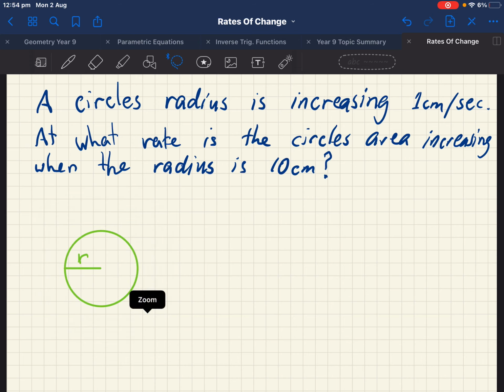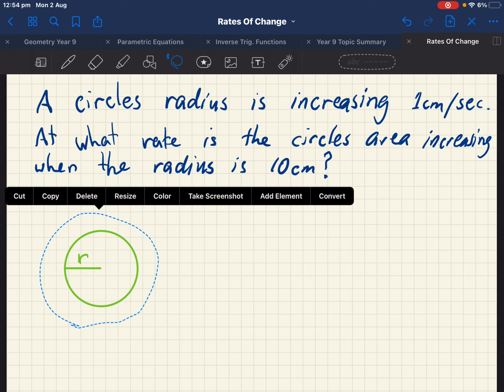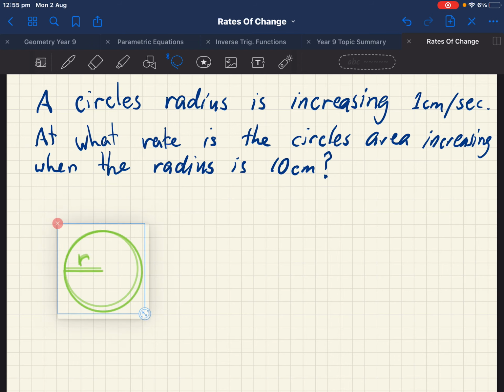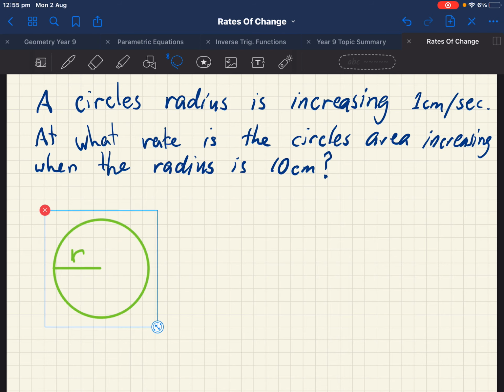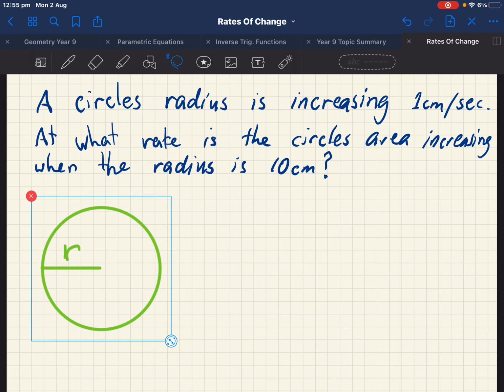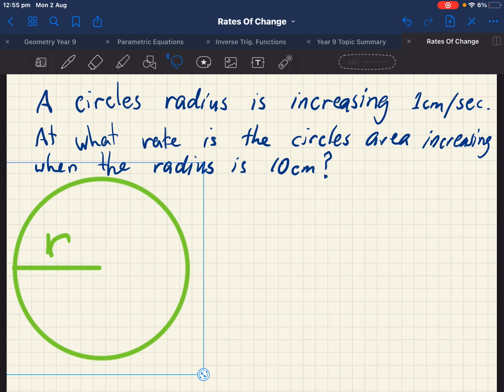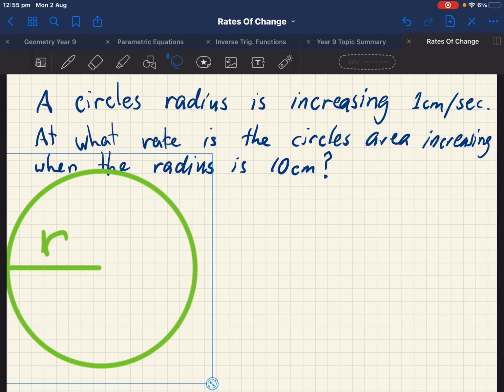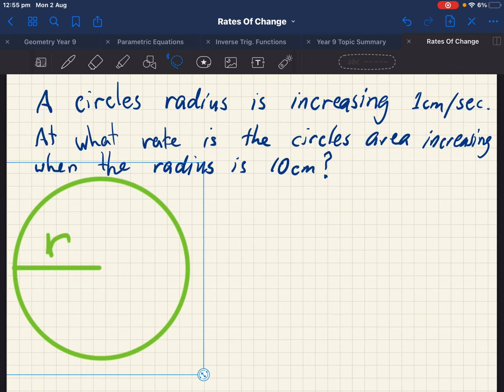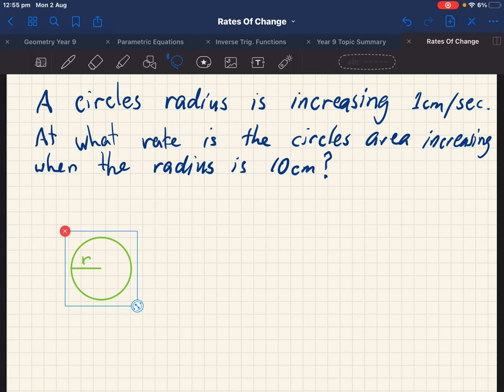But as that radius continues to get larger, the rate at which the area changes gets faster and faster, right? A small change in the radius up here creates a massive change in the overall area. And a small change in the radius down here changes the area, but not a whole lot.